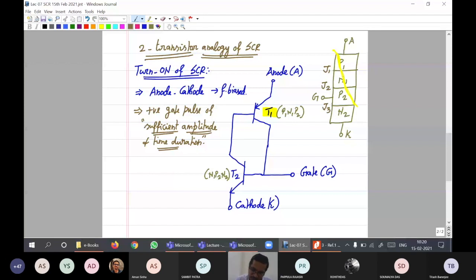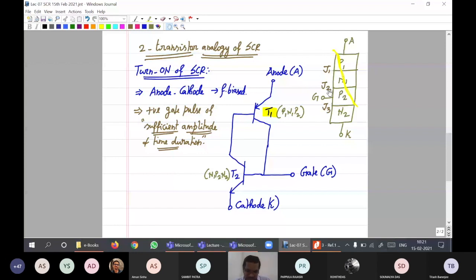The moment we apply a positive gate pulse, J2 will also be forward biased. That is why we say positive gate pulse, because J2 must also be forward biased for conduction to start.